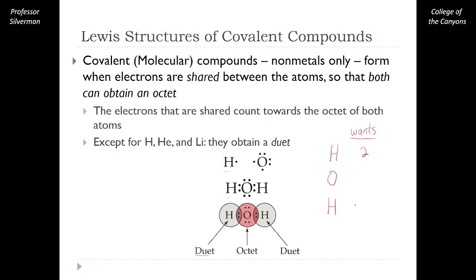Each hydrogen in our molecule would like to have 2 electrons, and our oxygen would like to have 8 electrons. This is that octet rule. Unfortunately, right now, hydrogen by itself only has 1 electron. Oxygen by itself only has 6 electrons. In order to achieve that octet, we're going to need to start to share.